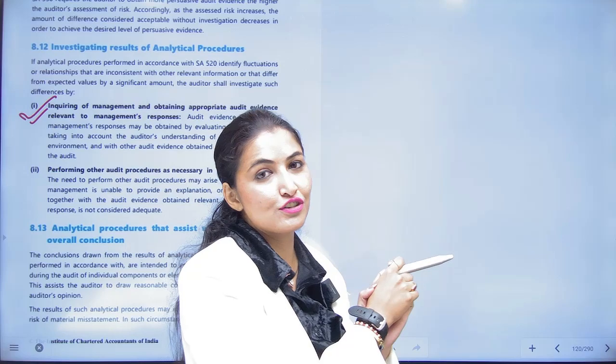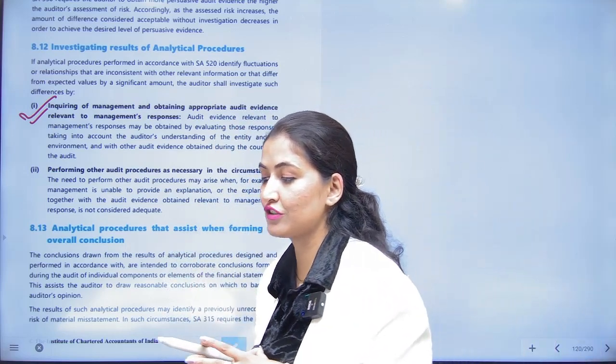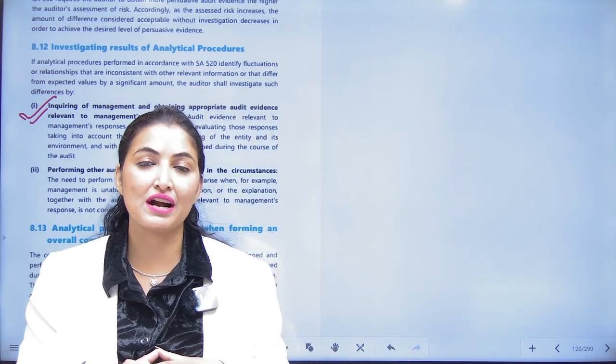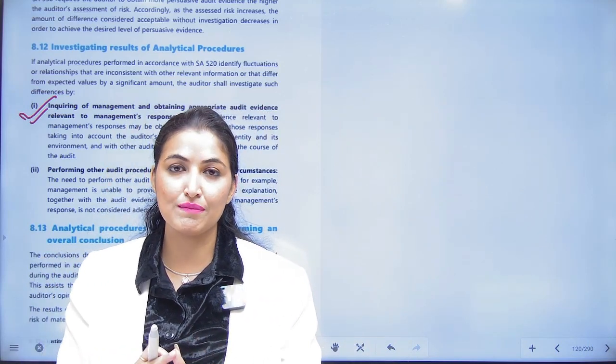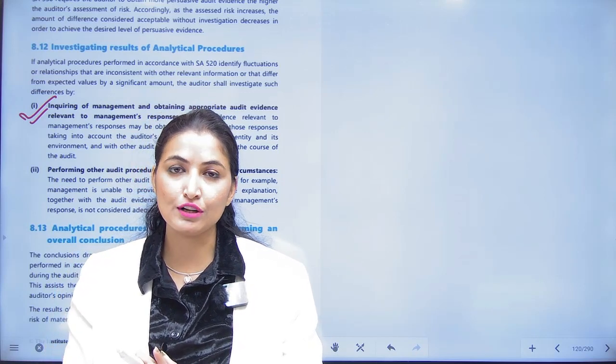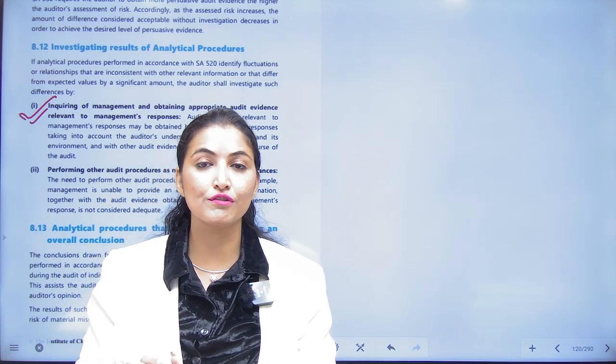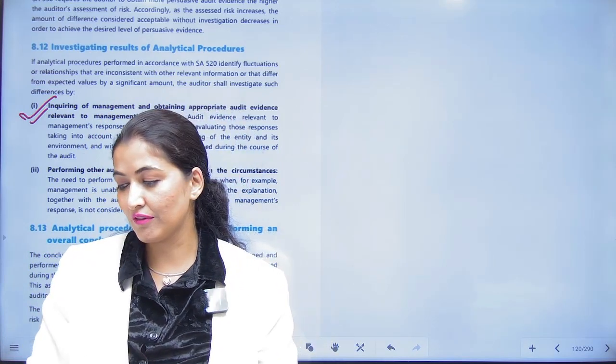So what we are actually doing here is, you see substantive analytical procedure. How do you get evidence in substantive analytical procedure? You see the suitability, you see the reliability, you see the difference, you evaluate the difference, and at the end, when you get the difference, what is the difference between expected and recorded value?